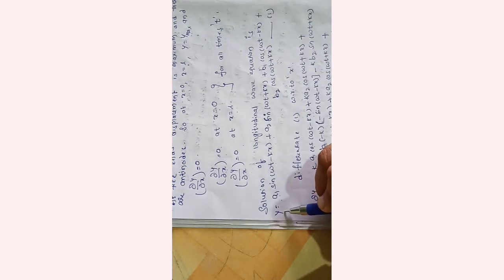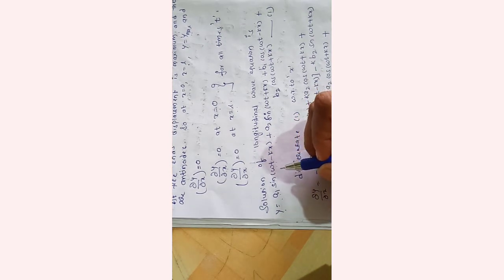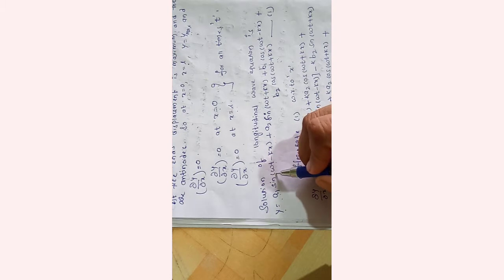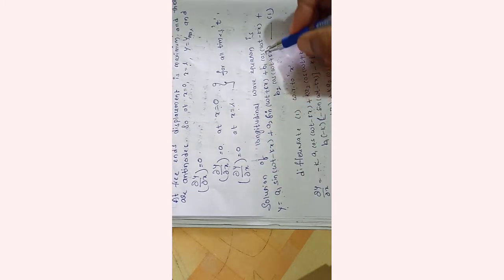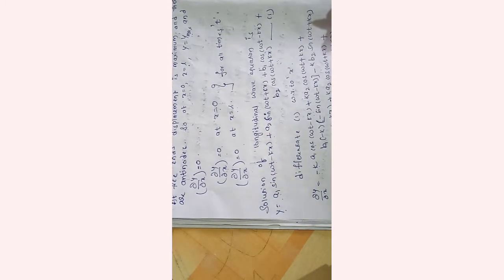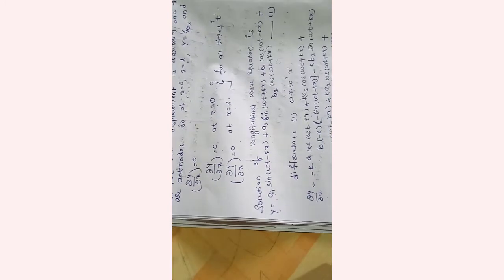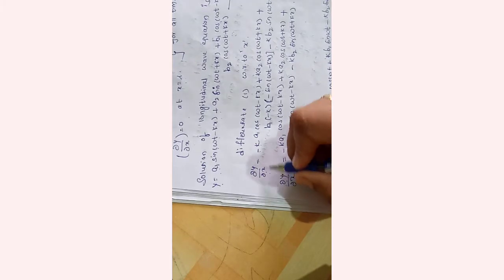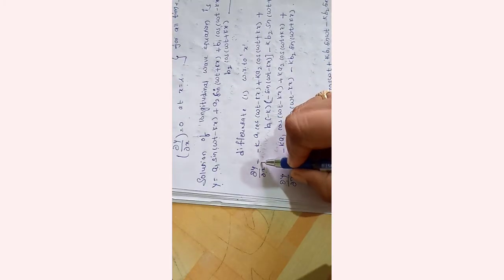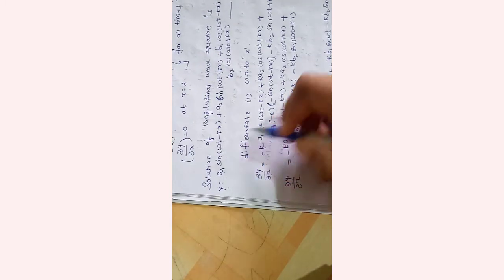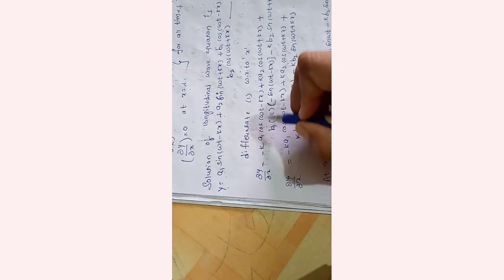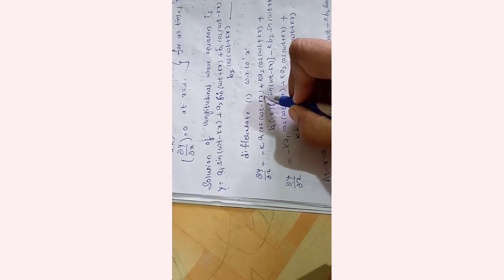Now let us differentiate equation 1 with respect to x. Using the differentiation formulas, the differentiation of sin theta is cos theta, and the differentiation of cos theta is minus sin theta. So first, dou y by dou x is equal to a1, the differentiation of sin theta is cos theta, so cos(omega t minus kx).